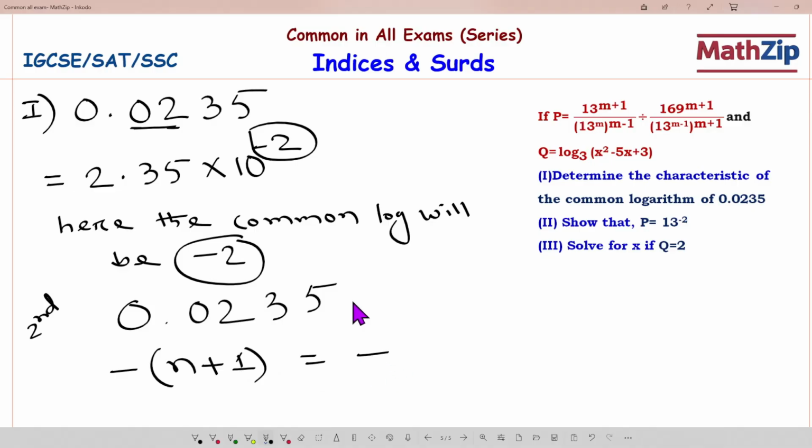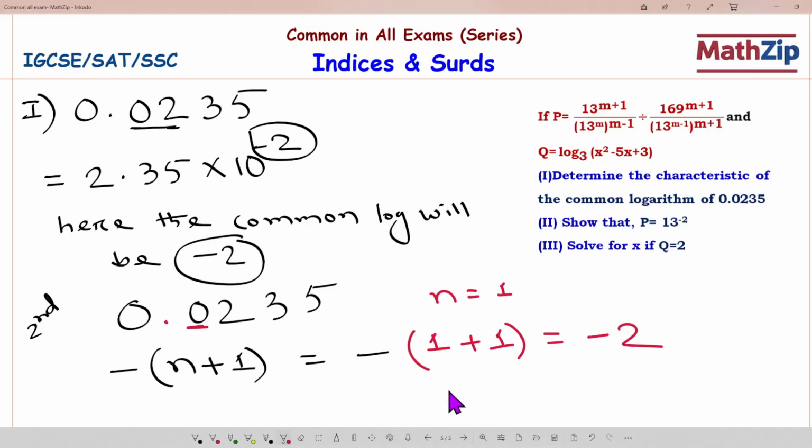Here is minus, so what is n? n is how many zeros after decimal. So this is decimal and here is 0. So here n equals 1. So as per the law, minus n plus 1 equals minus 2.